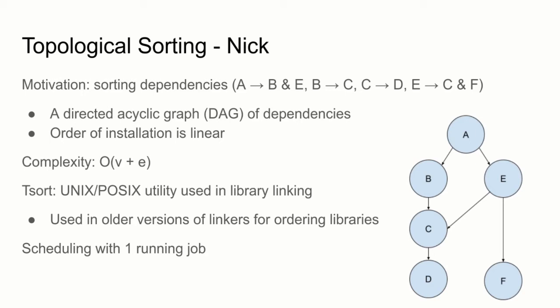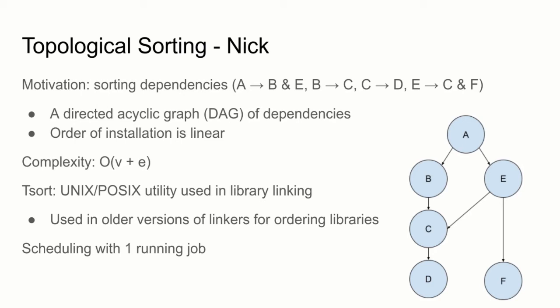This was used in older versions of linkers in order for the linker to install dependencies in a correct order. However, now that linkers tend to do this internally, tsort has been less used.